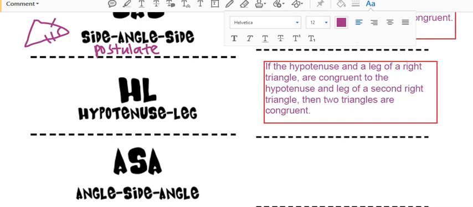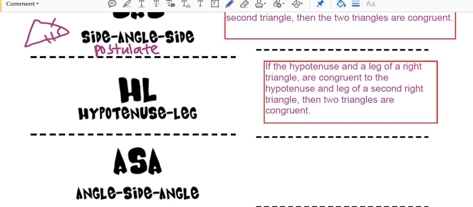All right, so let's go ahead and look and see what that looks like here. So let's say that I have this right triangle here, and I have this right triangle here. Okay, they don't look congruent, but one of the things that's going to be important in this unit is if the math says it's congruent, then it's congruent.